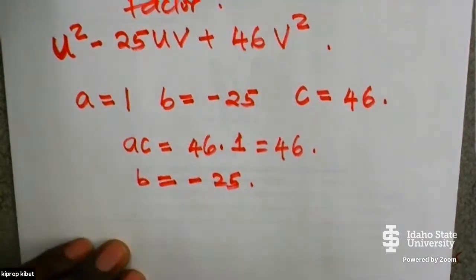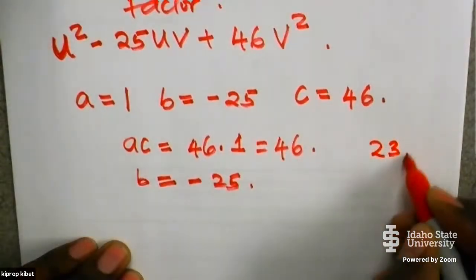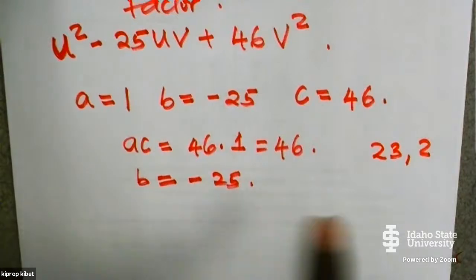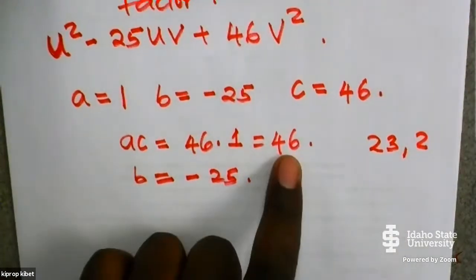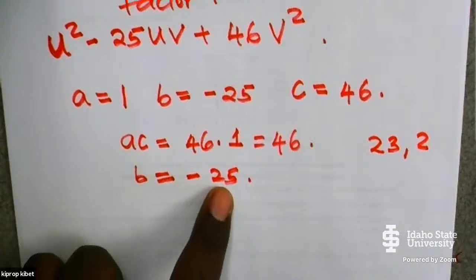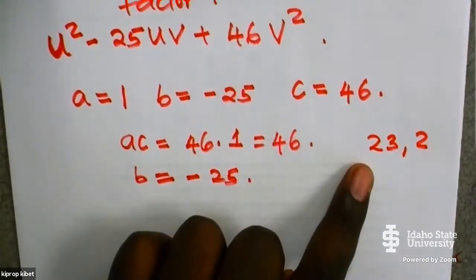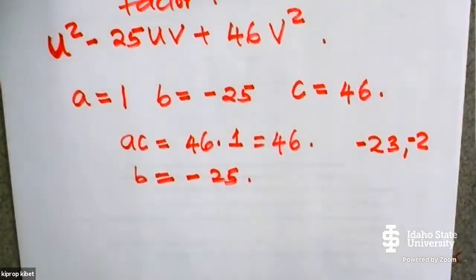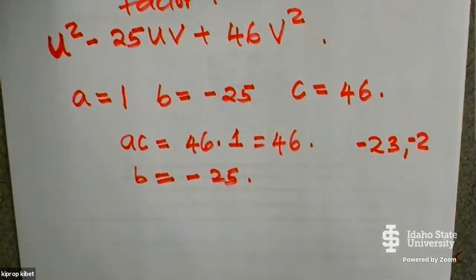So if we take 23 and what? 2, right? The product of course is 46, and now we want to get minus 25. So that means it will be negative and negative. So negative 23 and negative 2.